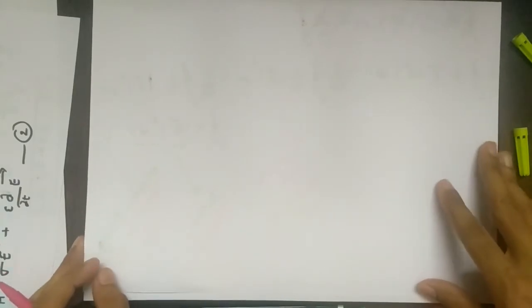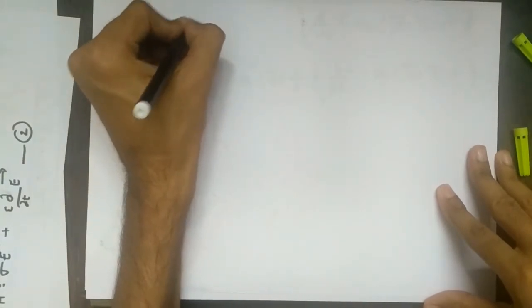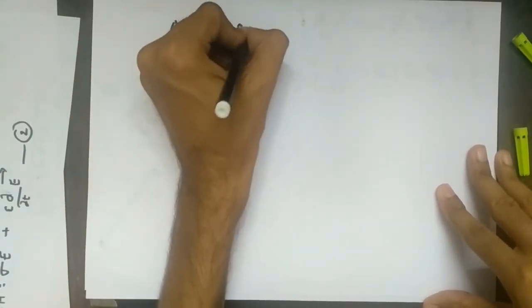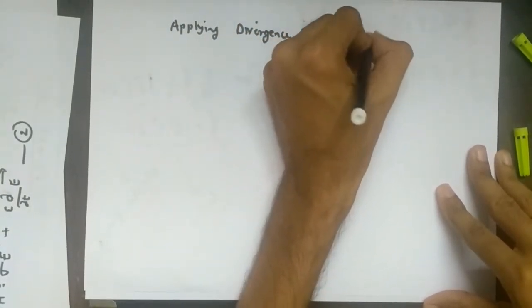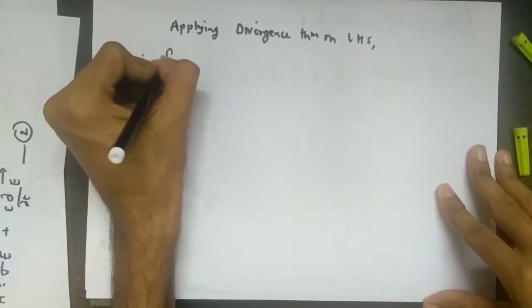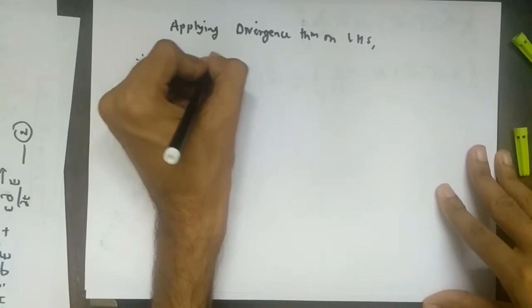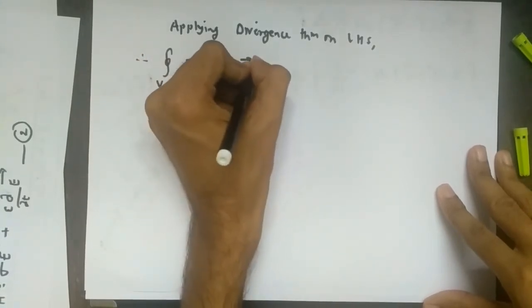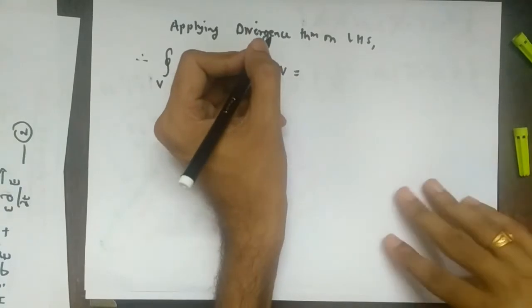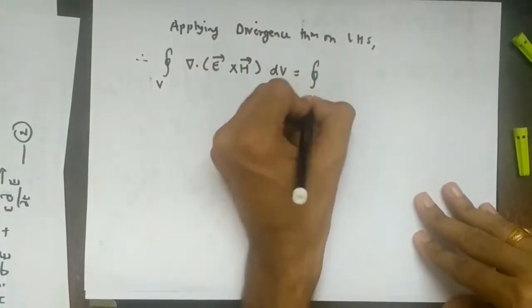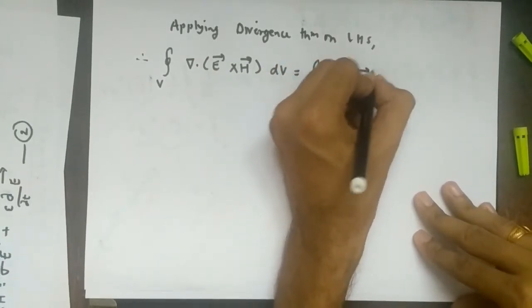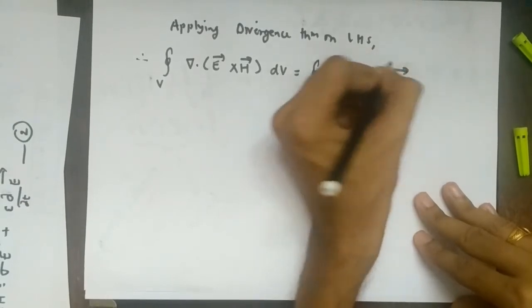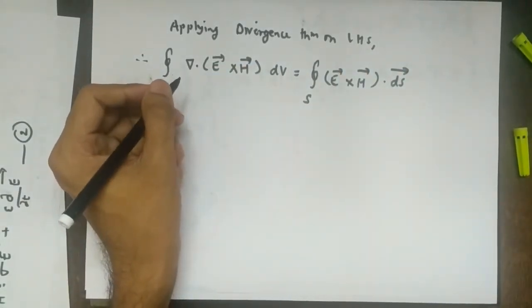Applying the divergence theorem on the LHS, the closed volume integral of del dot E vector cross H vector dv becomes the closed surface integral of E vector cross H vector dot ds vector. This is our basic divergence theorem, right?